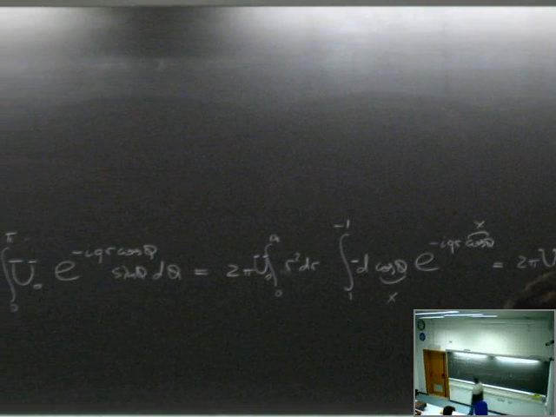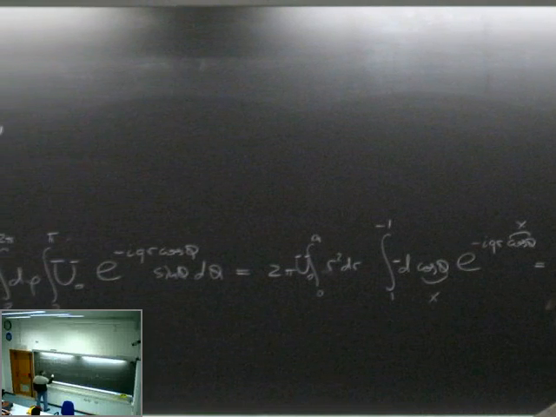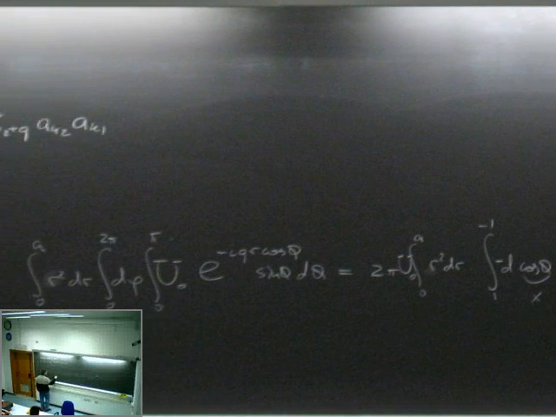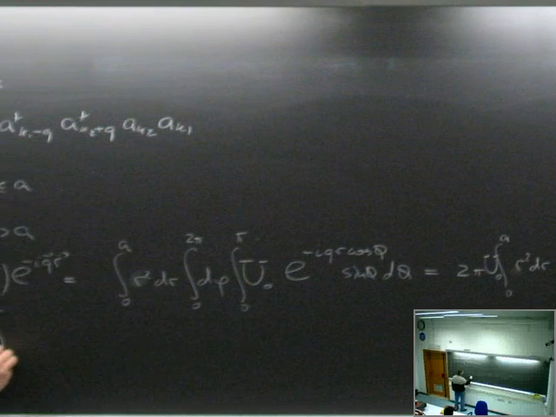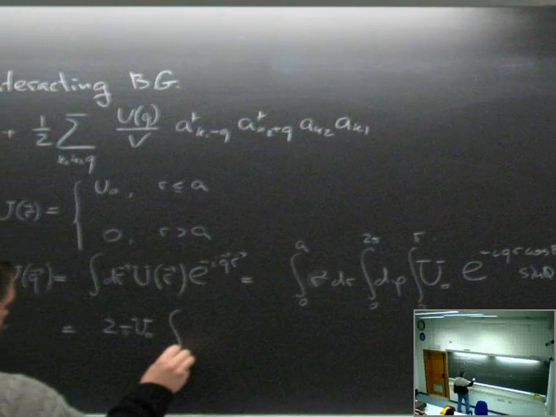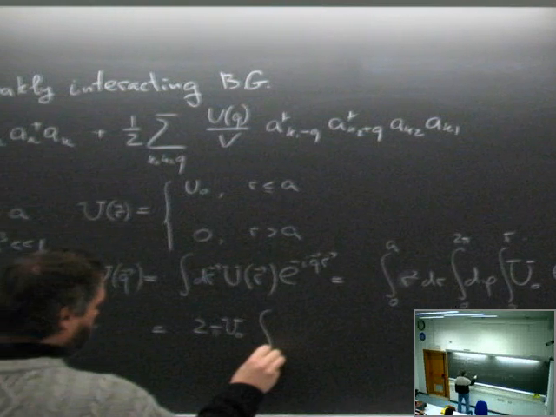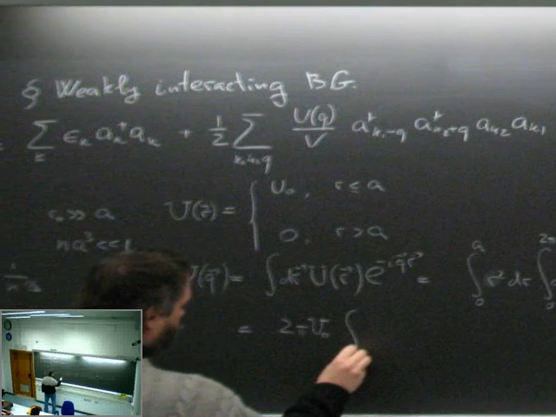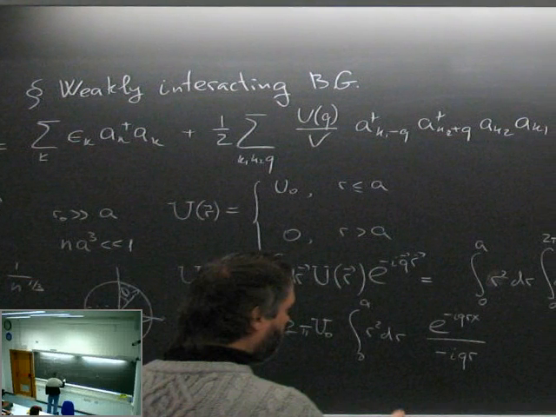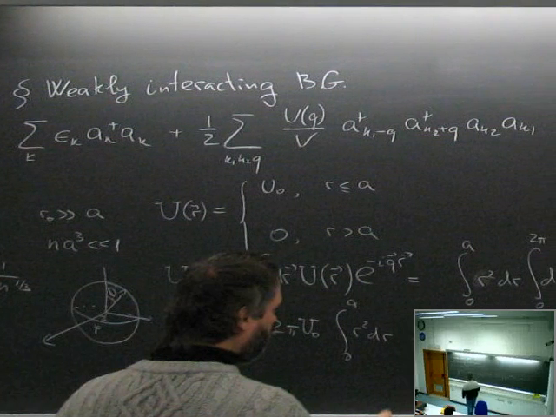I will continue here. 2 pi u naught integral from 0 to a r squared dr, and here I have e to the power minus i q r x divided by minus i q r in the limits from minus 1 to 1.